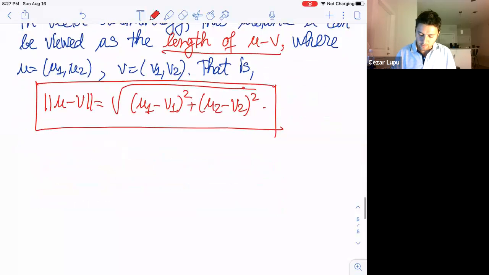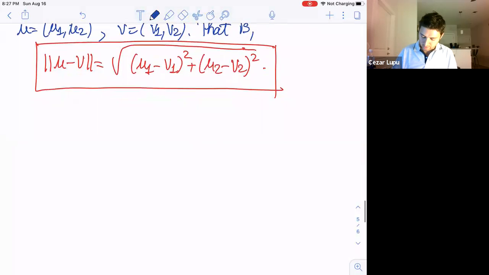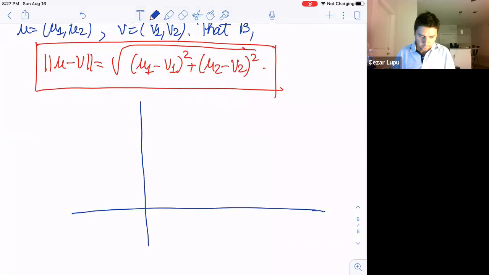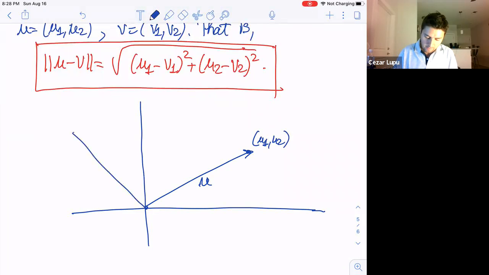And let's draw a picture so that things will be as clear as possible. Let's say we have a vector u here. This is u. And these will be components here, u1, u2. And let's say we have a vector v here. So this is v, and the coordinates here are v1 and v2. And now we want to find out the distance between these two.